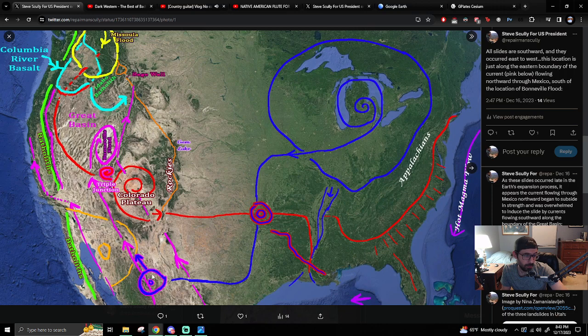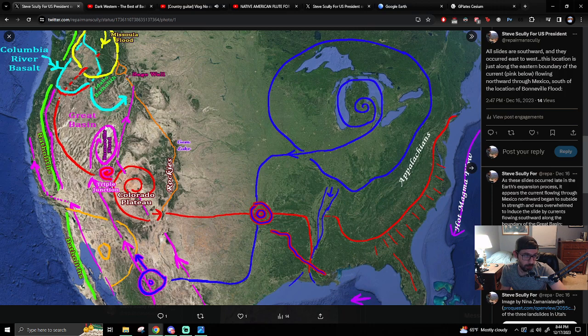But when I drew this, my thought was this current was dominating this region in essence, but really it looks like it's just reaching through this region, while this other current is also reaching through this region and influencing like the Bonneville flood.